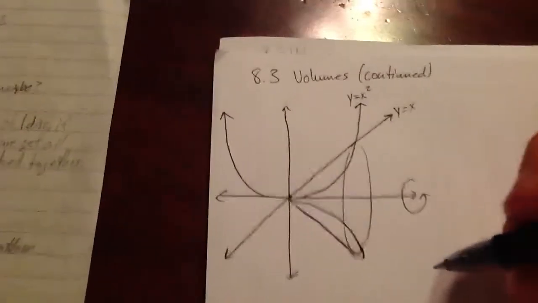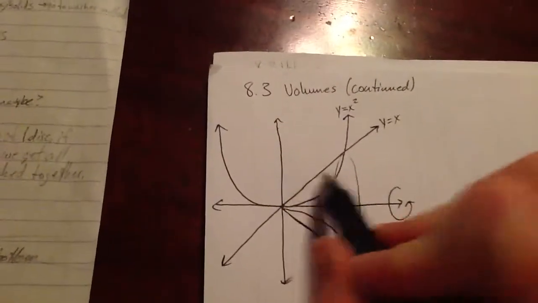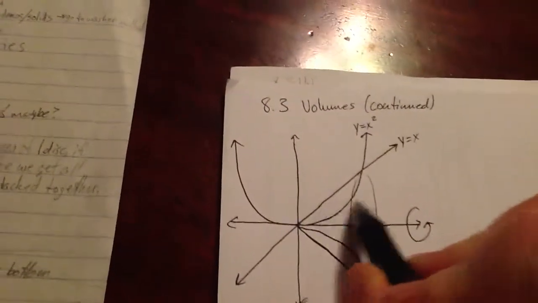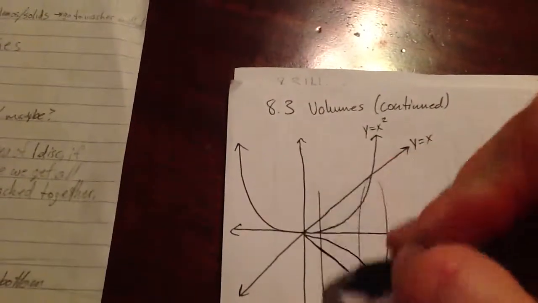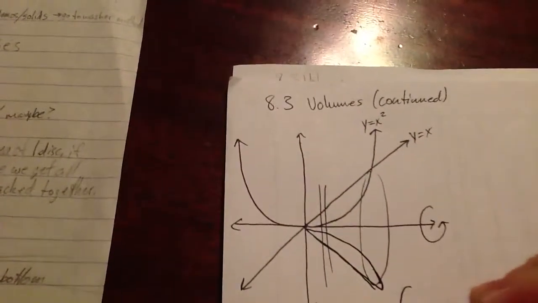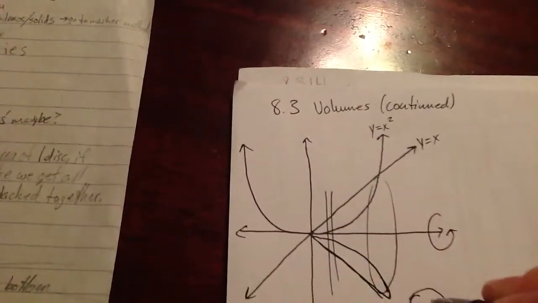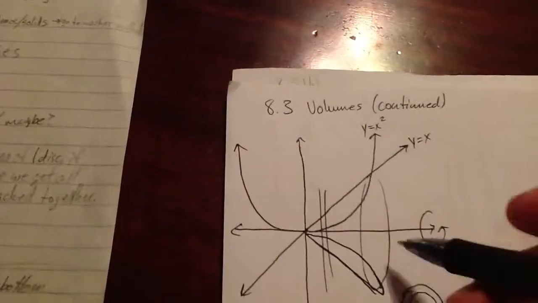So when we cut our cross sections out, obviously we're not going to cut them this way, because then I can't even think what that would look like. That'd be weird. But if we cut out a cross section this way, they're all going to be shaped, as I told you, like washers of varying thickness.